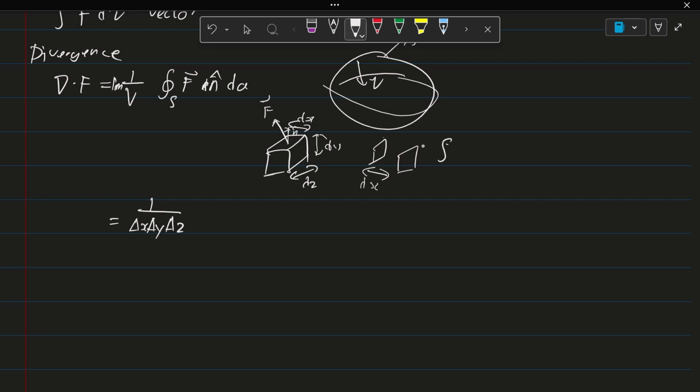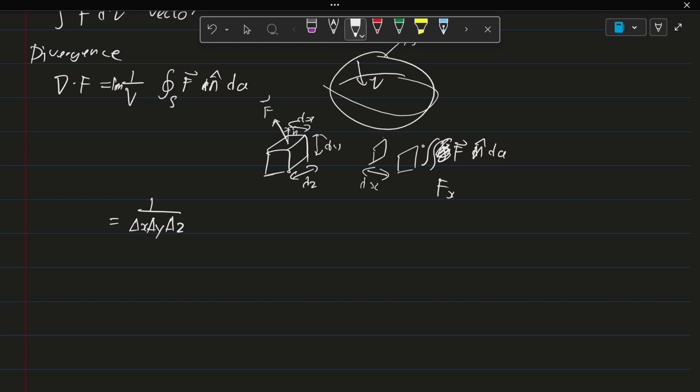First of all, the surface integral of f vector dot n hat dA would pretty much only correspond to a constant x, and also it will be in the x direction. So this integral is just, sorry, there shouldn't be any circle.